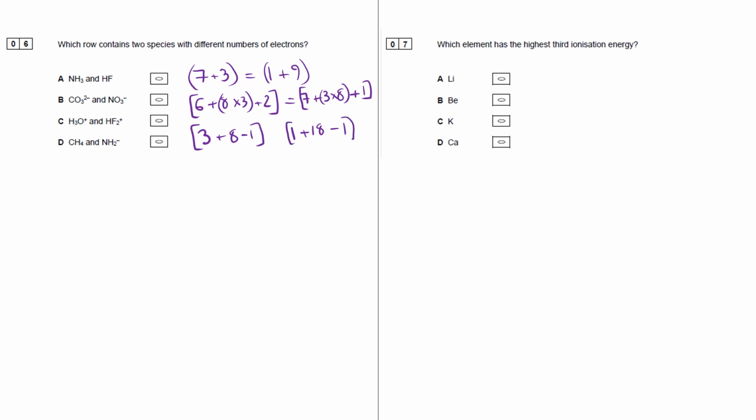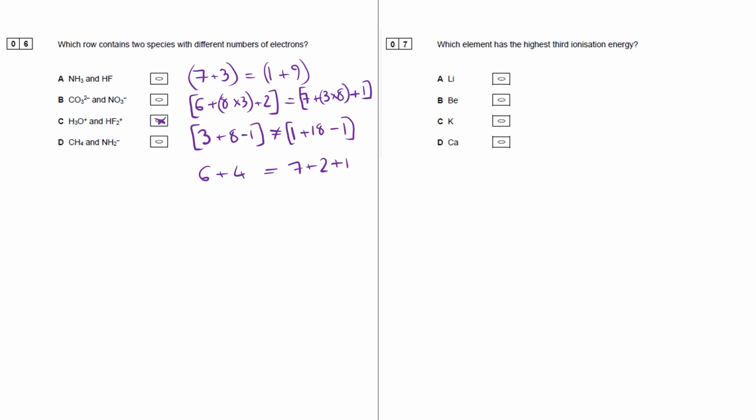So you can see these electrons are not the same. And just finishing off CH4, you've got 6 electrons for carbon, 4 for hydrogen, and that's the same as 7 for nitrogen, plus the 2 hydrogens, plus an extra 1 for the negative charge. So again, C is the answer where the electrons are not the same.